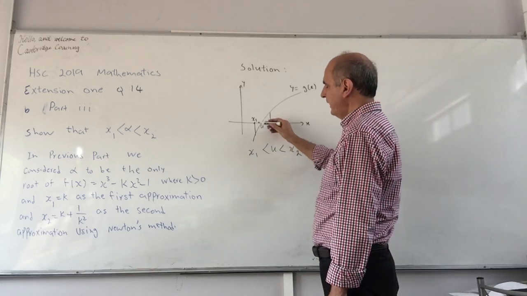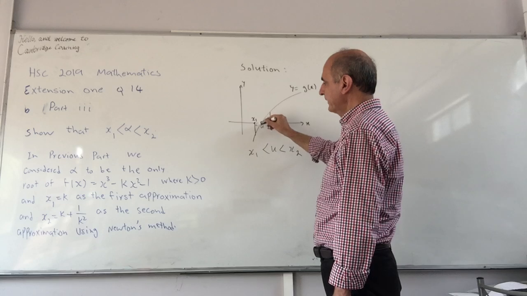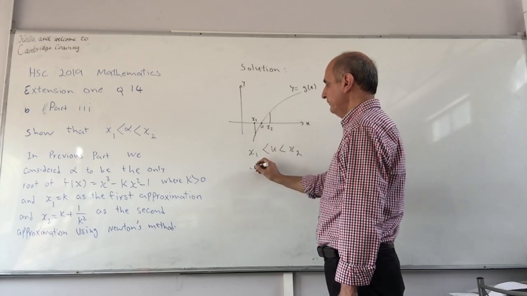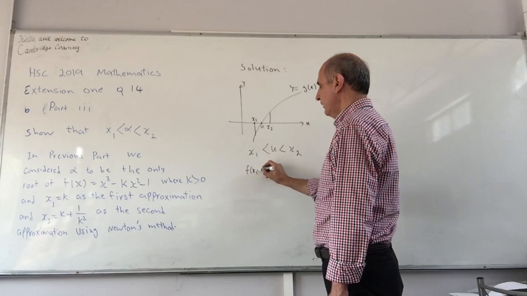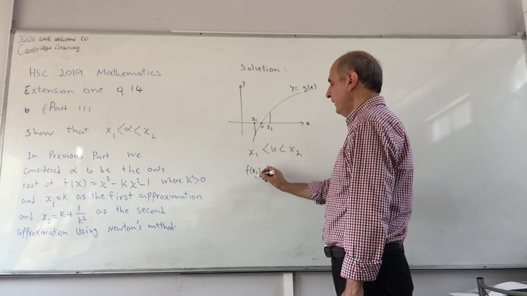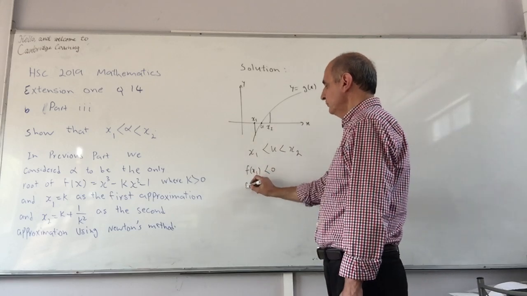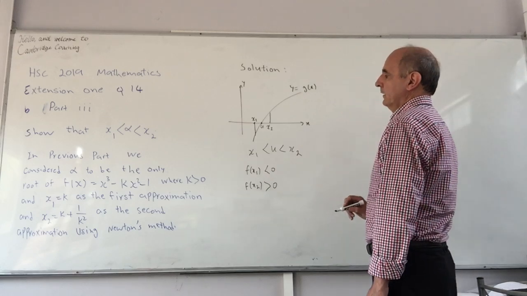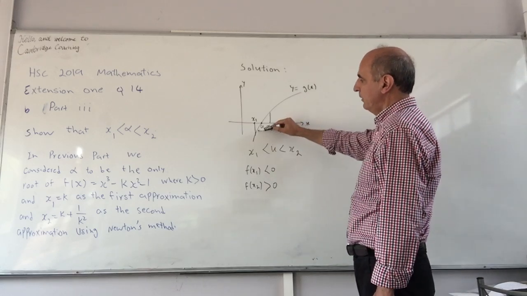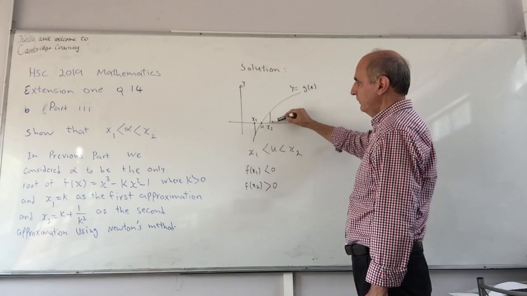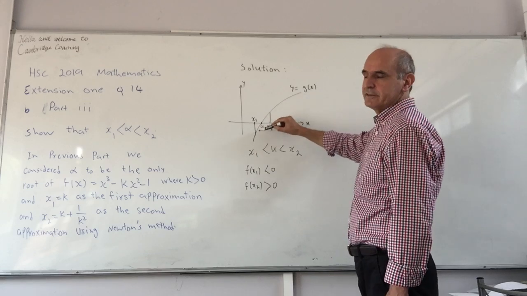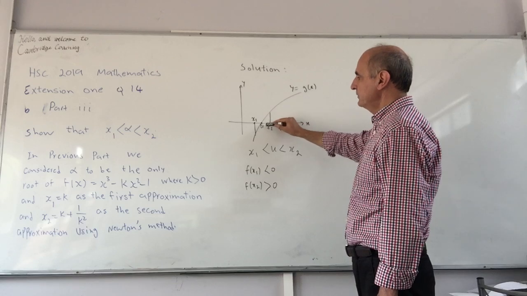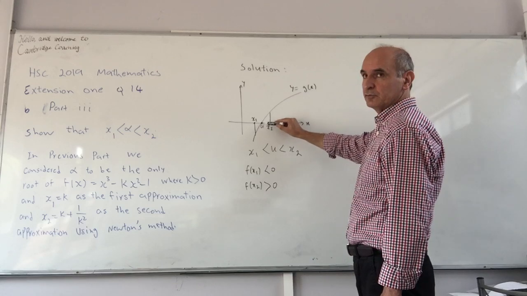I need to show that f of x1 is negative, and f of x2 is positive. So the function has gone from a negative value to a positive value. That means that during this process, at some stage it has to be passing through 0.